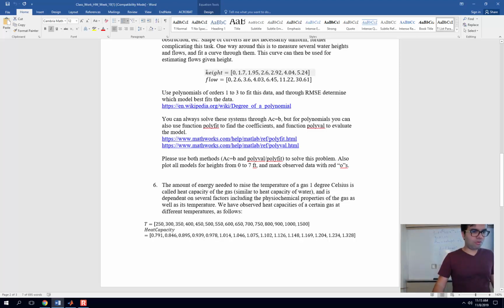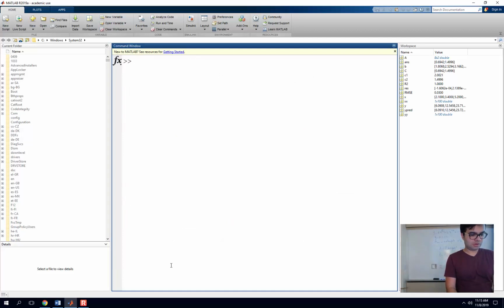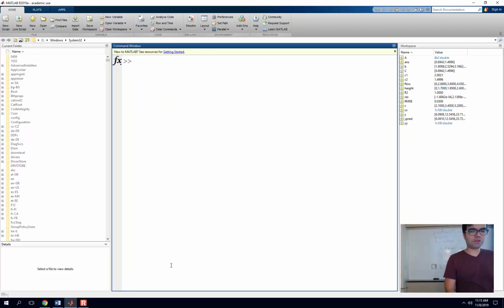If I want to do this in MATLAB, I just copy and paste height and flow into MATLAB. So these are height and flow defined. A is equal to height prime, ones of length of height comma 1.